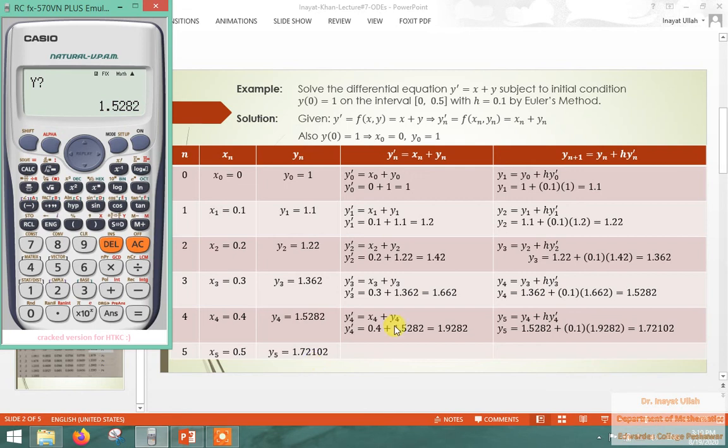We don't need to calculate this yn prime and this yn plus 1, because we just need the fifth component of the solution of this equation. So that is the end of this question. So this is all about the use of calculator, that how could we use calculator to deal with Euler's technique.